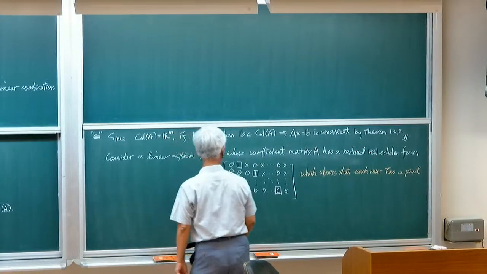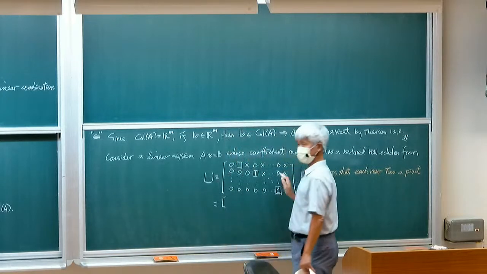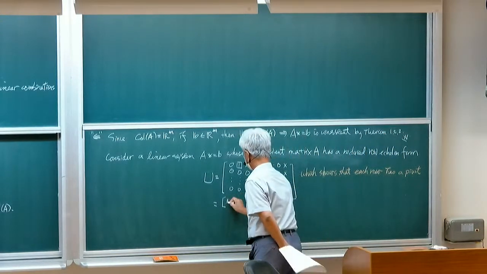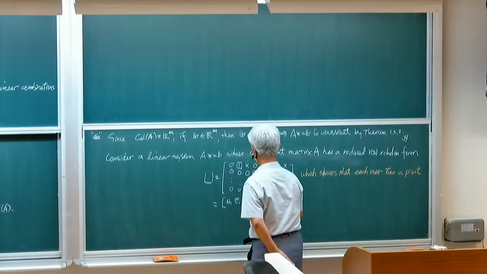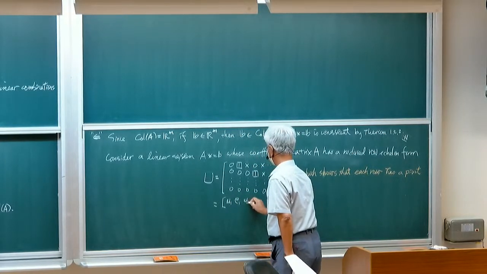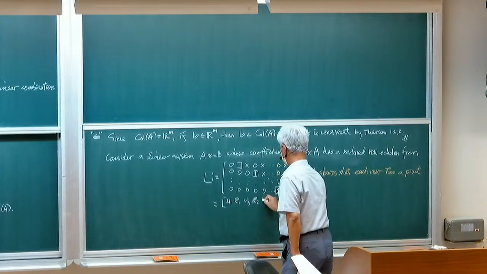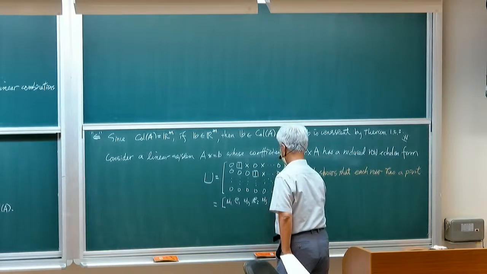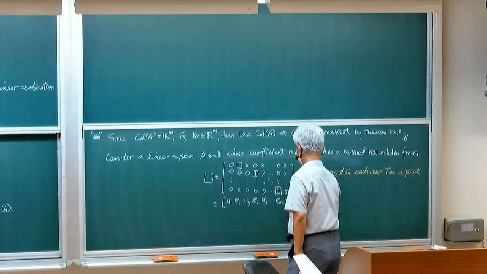All right, so now you can write the columns of U in the following way. Say here, this is U1, right? And you have U1, maybe U3, E2, EM, EN.